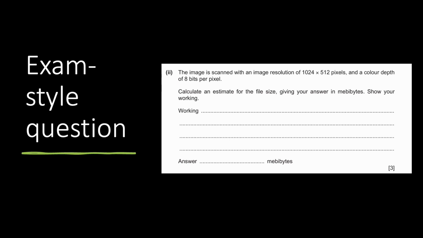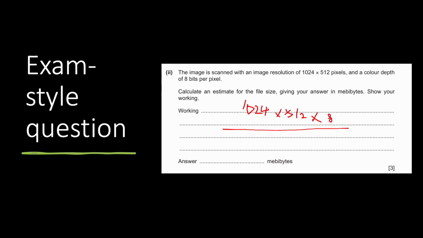Right, I suppose you have tried it, so let's go through it together. So we have 1024 pixels per row and 512 pixels per column, and the color depth is 8 bits per pixel.